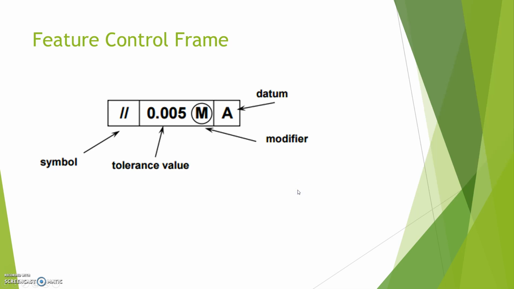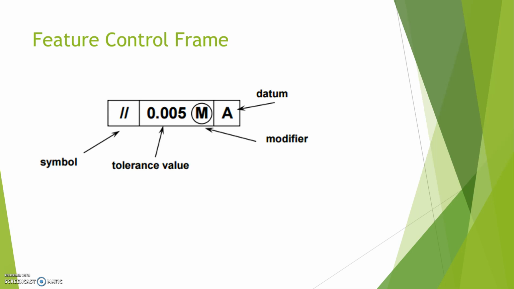The last symbol is called the datum. Now, thinking back to 172, you used datums in SOLIDWORKS as reference frames, whether it was a line or a plane or a point. And in a drawing, it's the same idea. A datum is where you reference your geometric tolerance from.